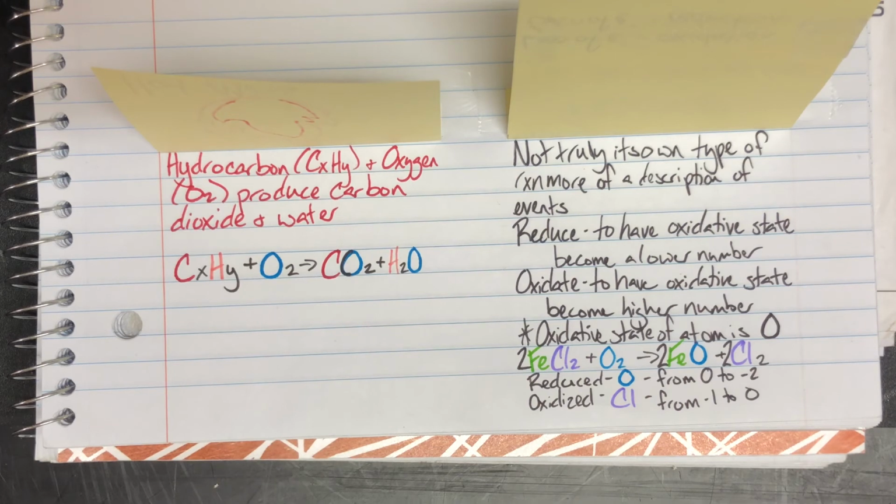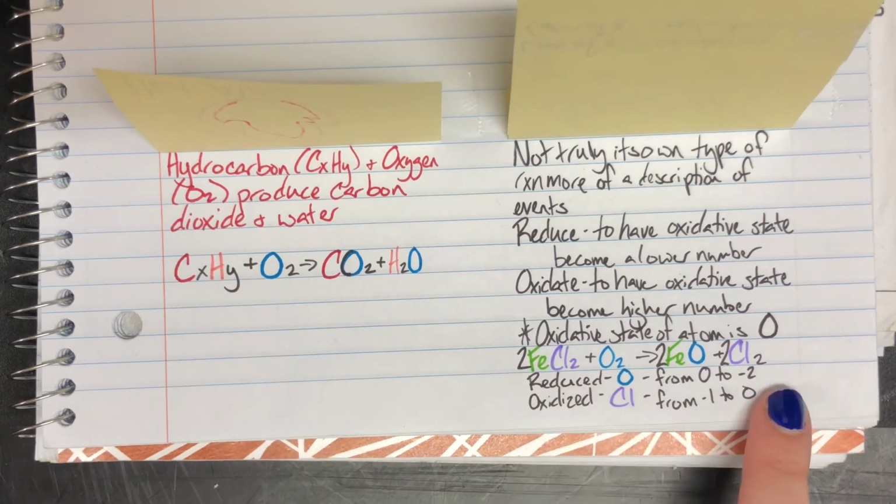Couple of things to note here. My oxidative state for a single atom not bonded to anything is going to be 0. This is because I do not have a charge, and what oxidative states are is a fancy way to say charge. So since I do not have a charge, I will have a charge of 0. My oxidative state will be 0 if I am by myself.